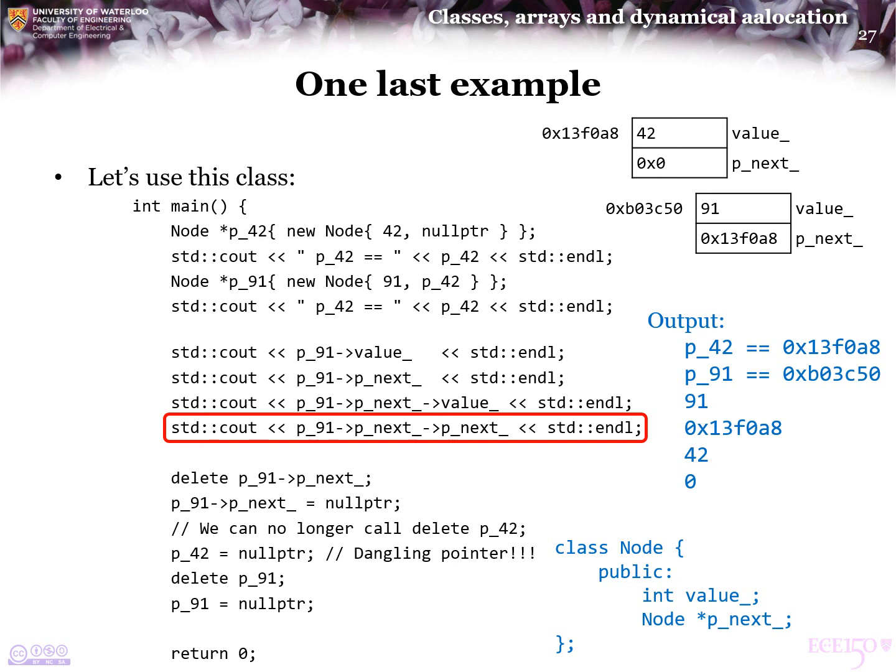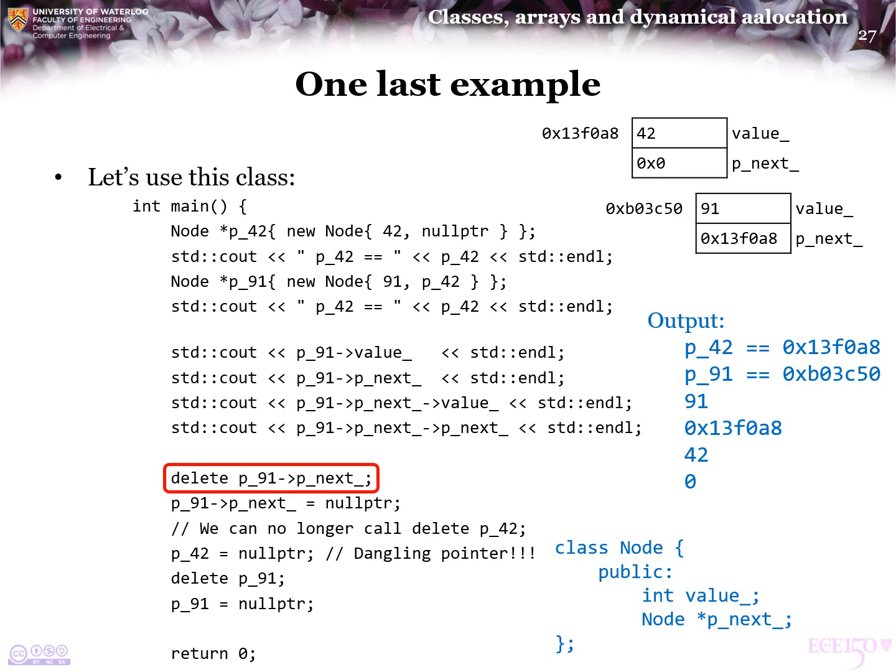All right, next. I'm going to call delete not on P91, but P91 pointing to pointer to next. Well, the member variable pointer to next at the address of P91, which is B0-3C50, is the address 13F0A8.